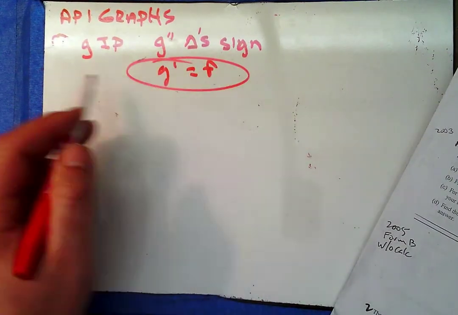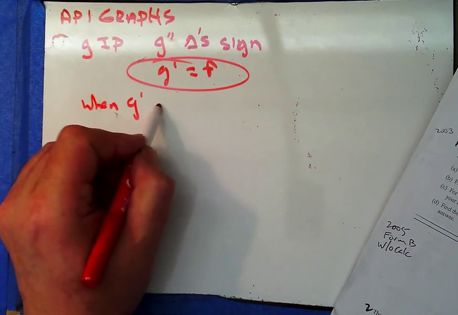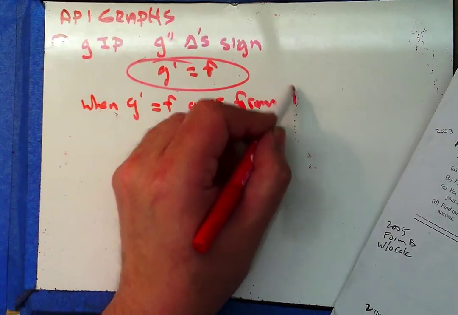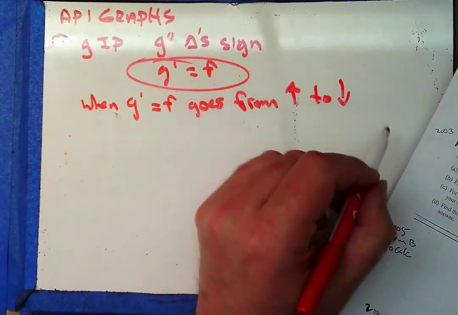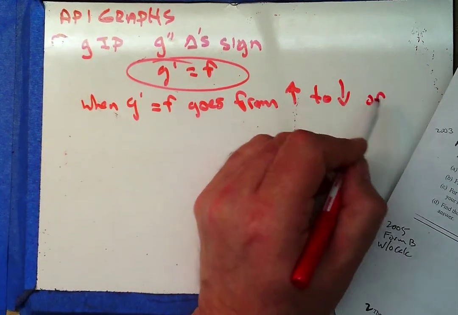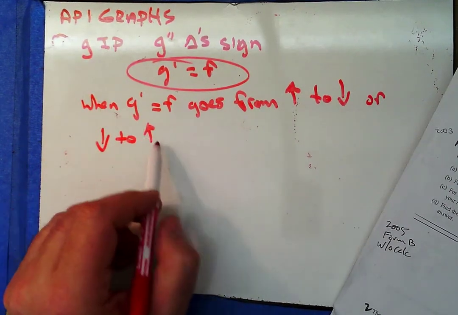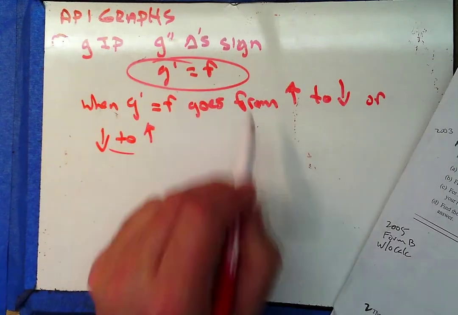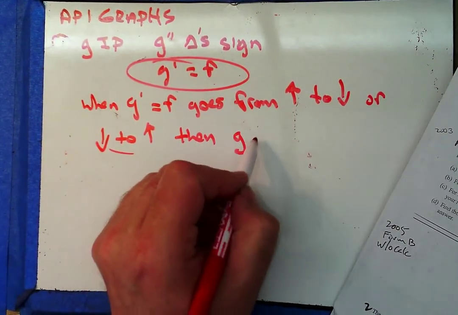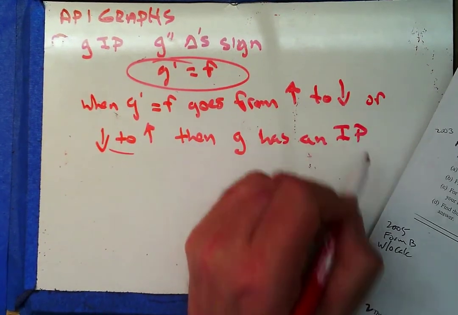I'm going to use this relationship and say when g prime equals f goes from increasing to decreasing, that means I have a max on g prime equals f, or decreasing to increasing, that means I have a min on g prime equals f, then g has an inflection point.